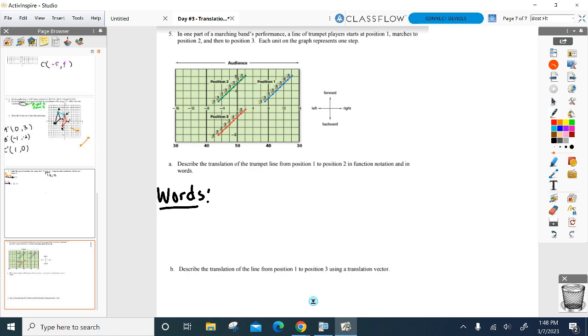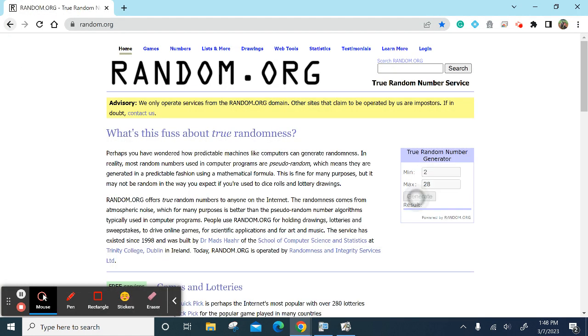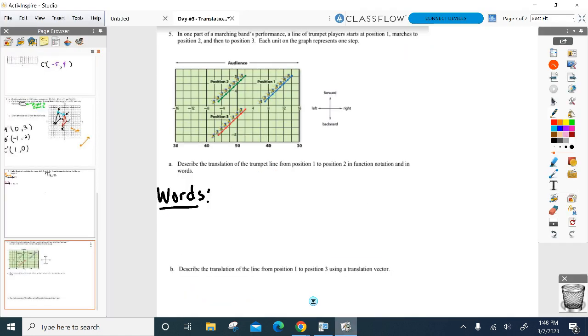All right, what do you got for me? In words, how do I go from position 1 to position 2? Left 12. Am I going up and down at all?